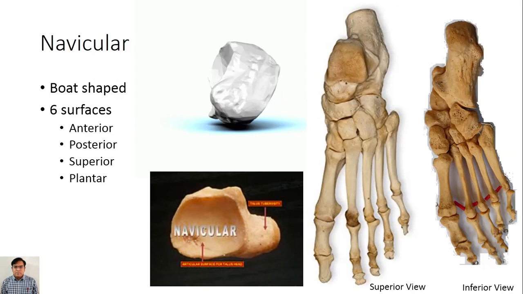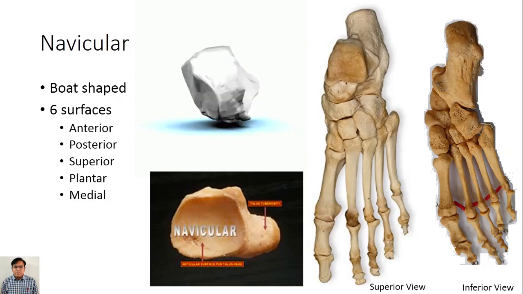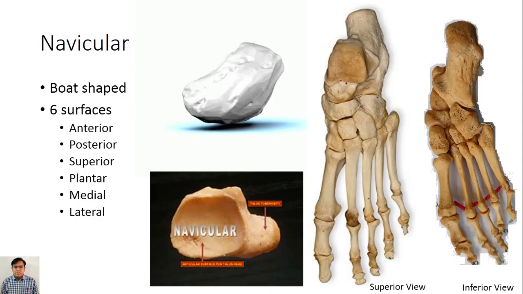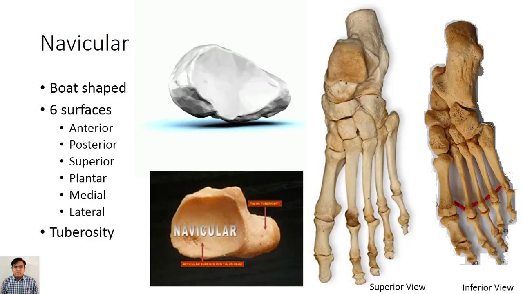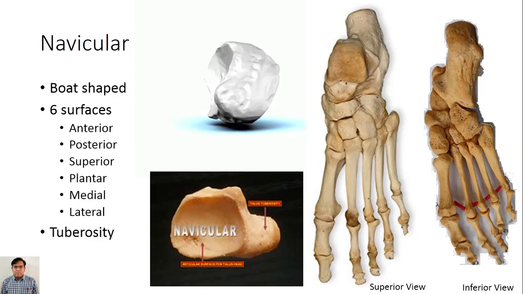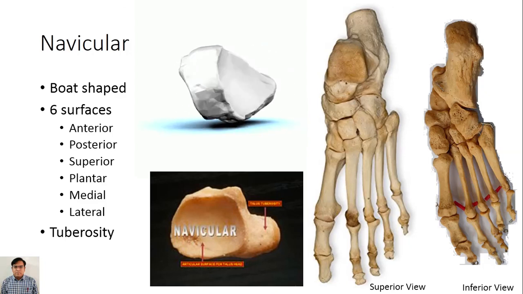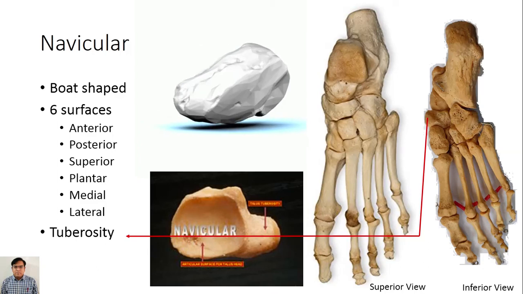You can see the medial surface towards the medial side, and the lateral surface, which articulates with the cuboid. On the inferior surface there is a bony prominence known as the tuberosity of the navicular bone. So, this is the tuberosity of the navicular bone.